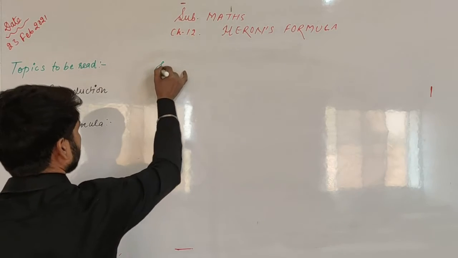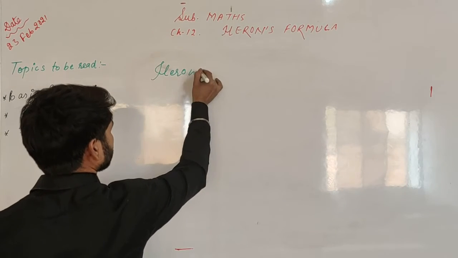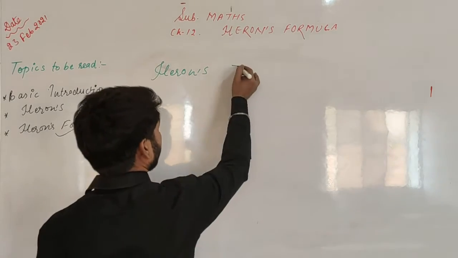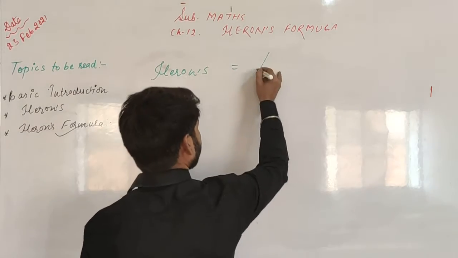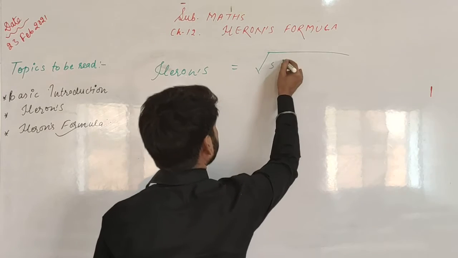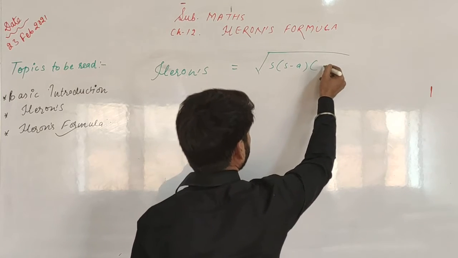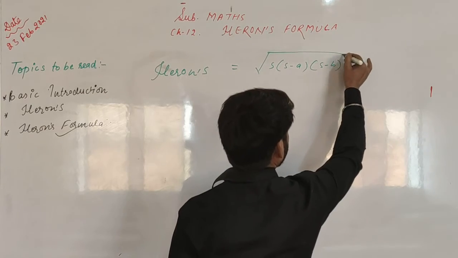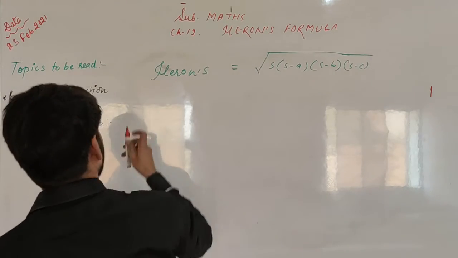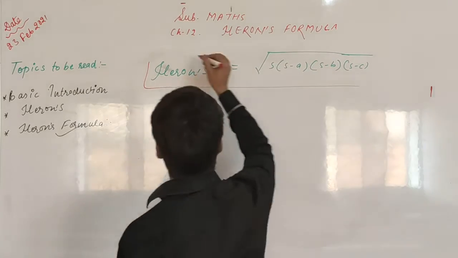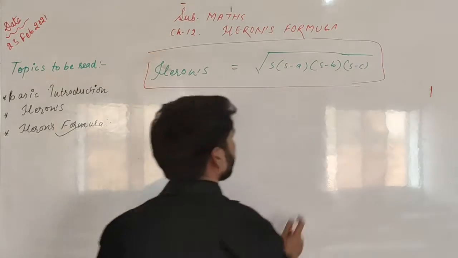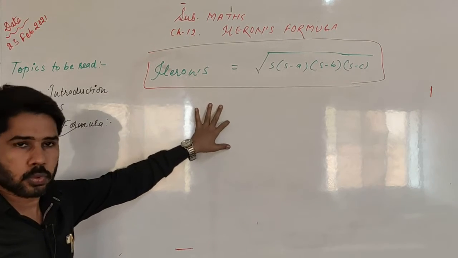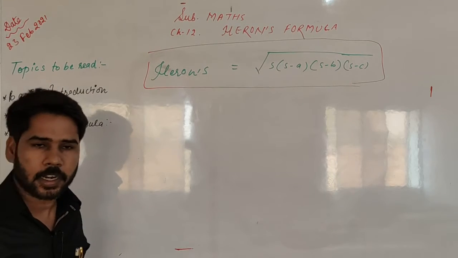He gave a formula that is called Heron's formula for the area of a triangle. In this Heron's formula, the area is the square root of S(S minus A)(S minus B)(S minus C). This is known as Heron's formula, which is used to find out the area of a triangle.